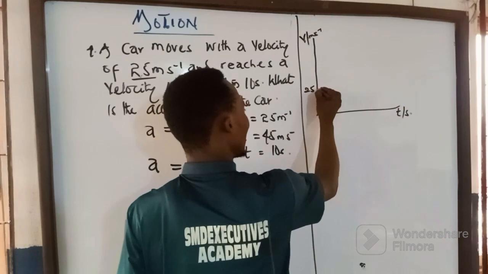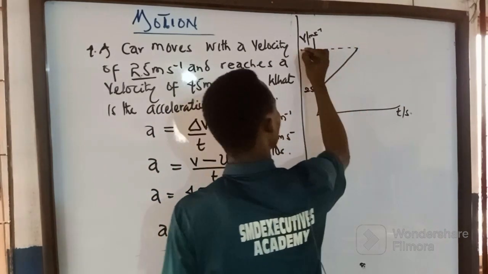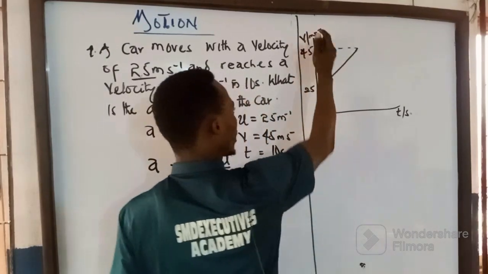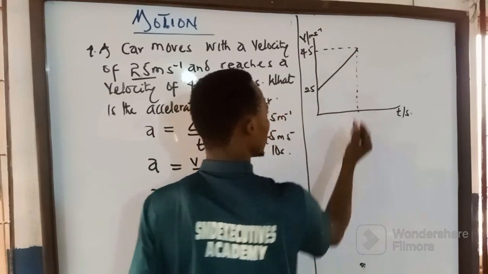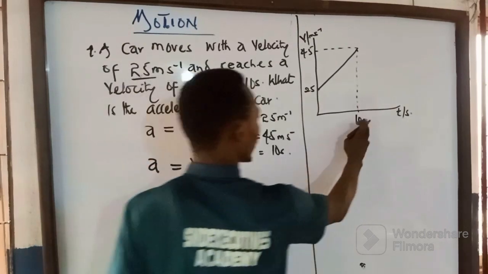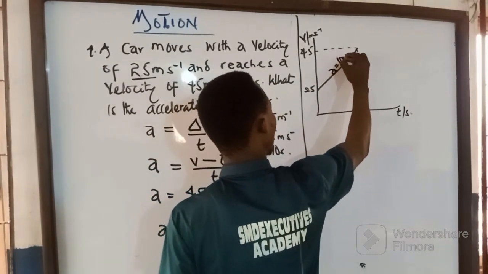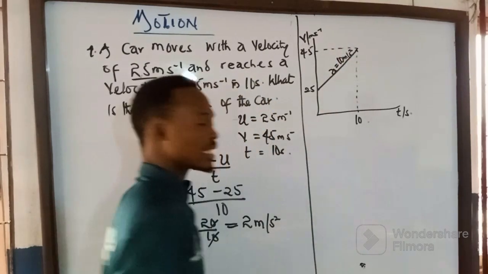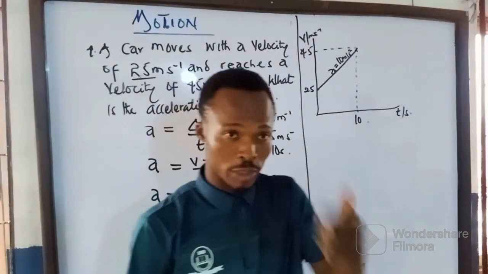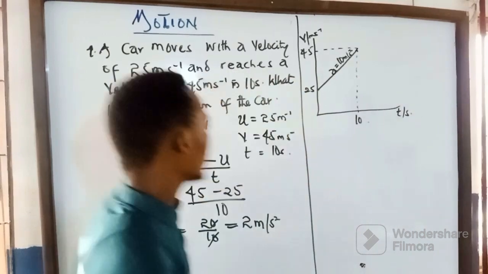Then this car increases to 45 meters per second, and the time it uses to increase it is 10 seconds. Then our acceleration, which is here, will be equal to 2 meters per second square. That's the acceleration it took that car to change the velocity from 25 to 45 meters per second.